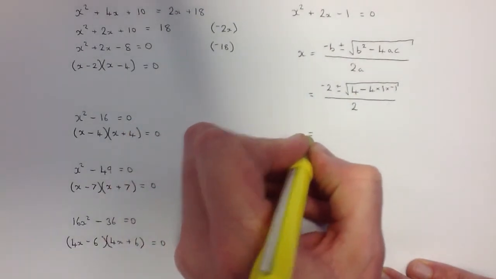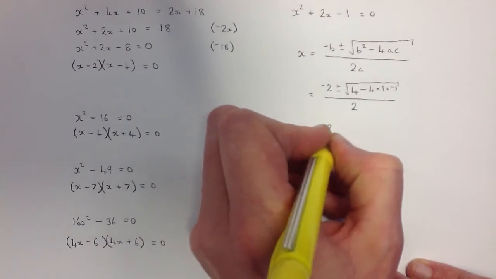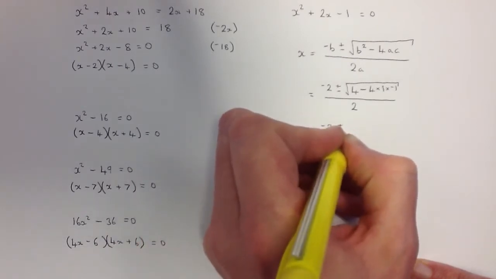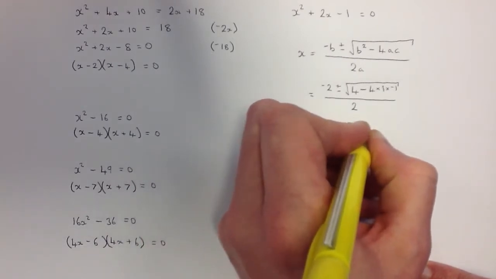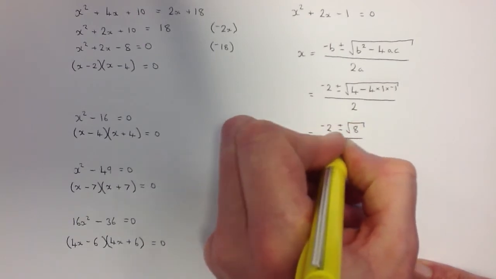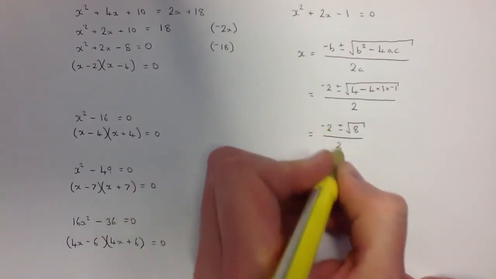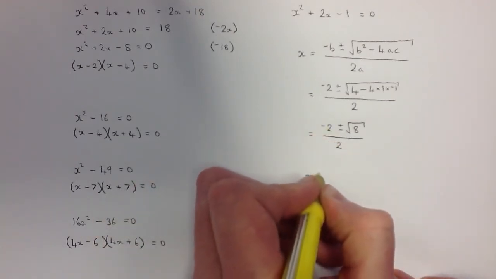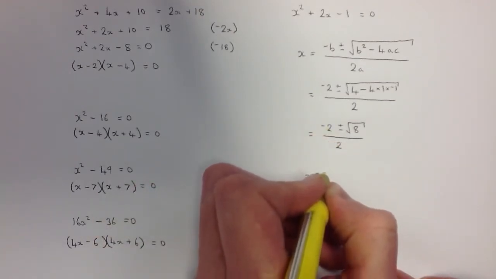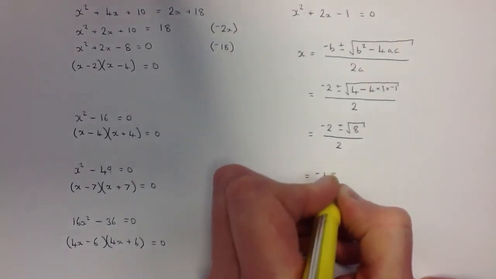With a bit of work, this becomes negative 1 plus or minus the square root of 8 over 2. With a bit more work, you see that 2 divided by 2 is 1, so negative 2 divided by 2 is negative 1.